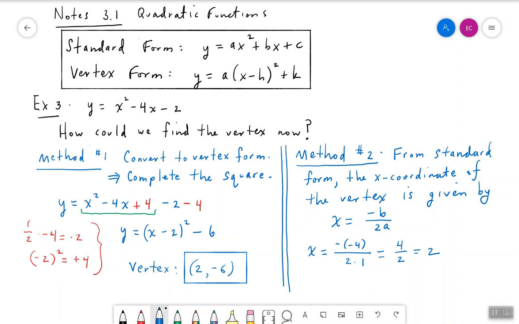How would you get the y coordinate? Well, the y coordinate is the y that goes with x equal 2. So all we need to do is just plug in x equals 2.